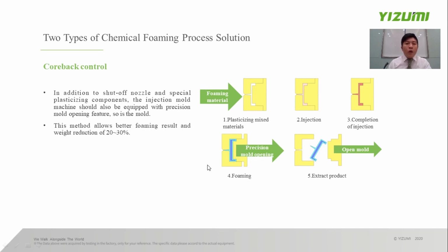Finally, we can get a better forming result and a weight reduction of 20 to 30%. Additionally, I would like to mention that for core back control, it's easier to succeed on a two-platen machine.